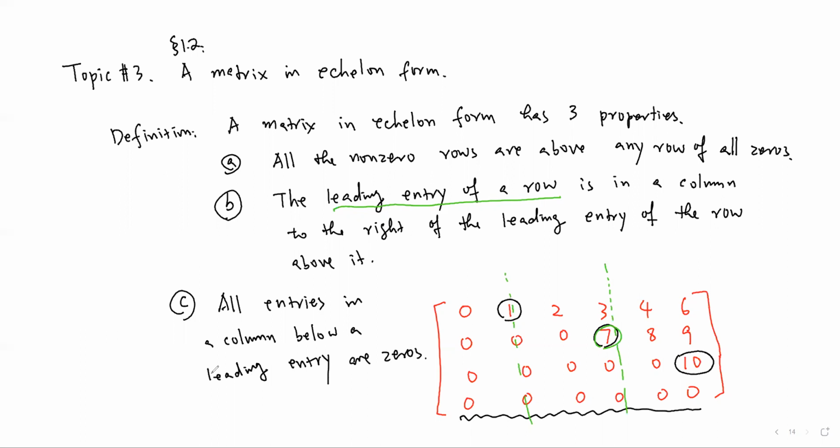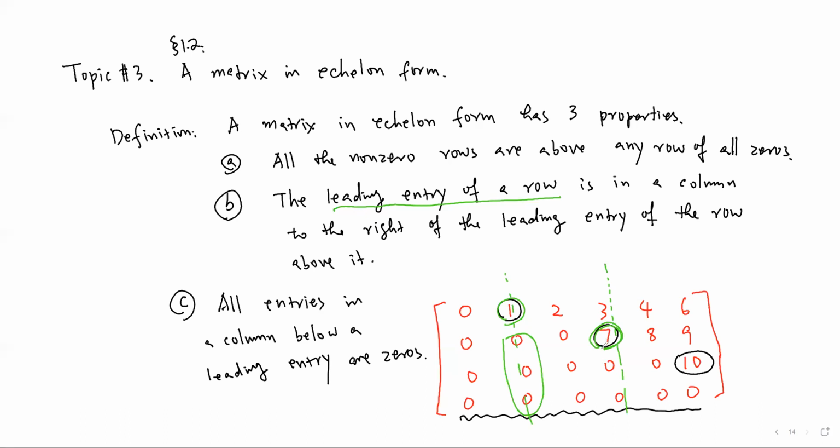About property C, take a look at this example. All the entries in a column below a leading entry. Say, for example, row 1, the leading entry is 1. All the entries below 1 are 0. Row 2, leading entry is 7.